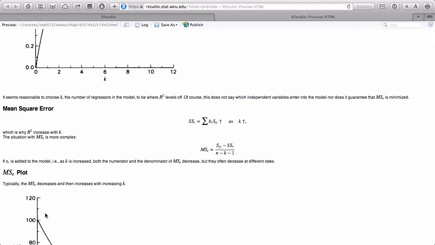But on the other hand, I could look at the mean square error. If I want the sum of squares due to error, I take S sub yy, the total sum of squares adjusted for the mean, and subtract from that the sum of squares due to regression, and divide by the corresponding degrees of freedom, which is n minus k minus 1. Then that is the mean square for error. So you might say, I would like to have a small mean square of error. But here's the problem.